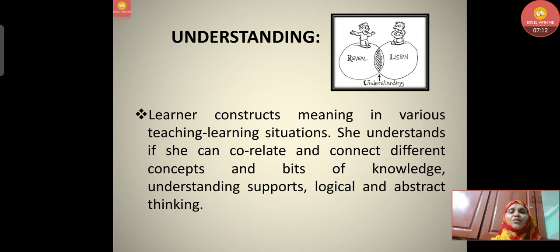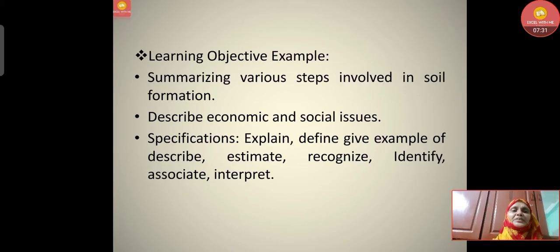That means related to forest or natural resources, how to conserve them, why people are damaging the natural resources. They will be able to feel, and in future they will think about the conservation of those natural resources. Then a learning objective example for this understanding is summarizing various steps involved in soil formation.